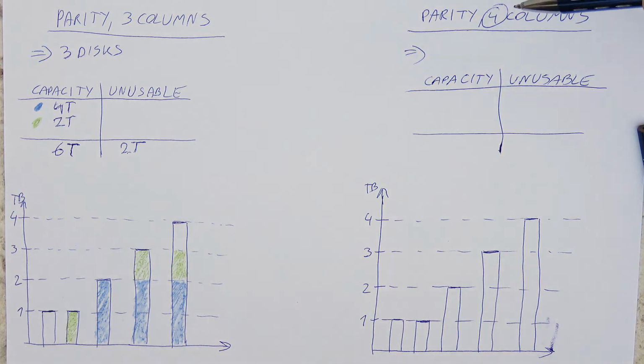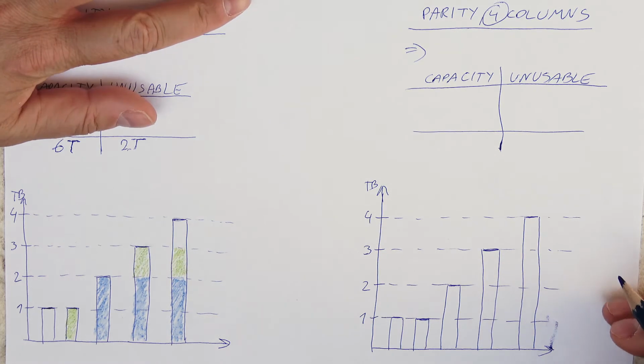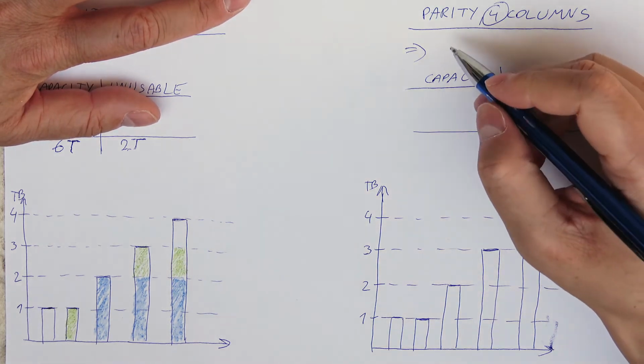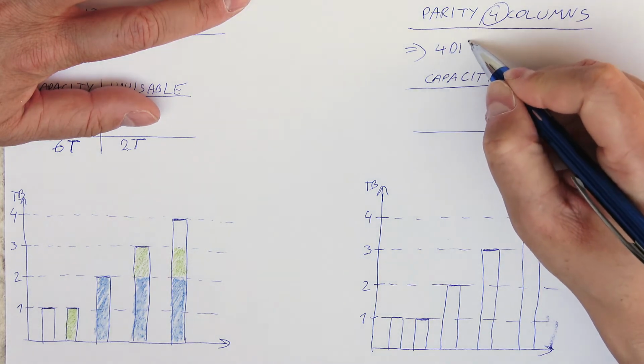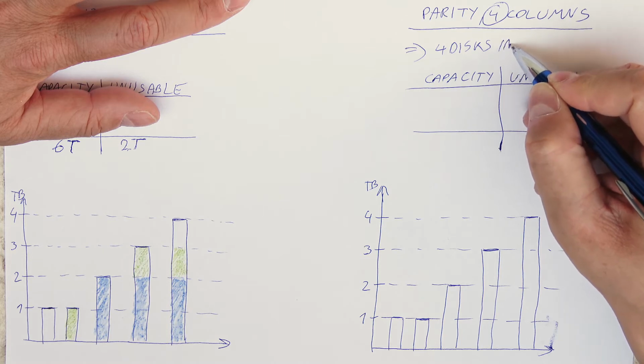Let's see with 4 columns parity. The same disks and how to calculate capacity. Because of 4 columns, we have 4 disks in a stripe.